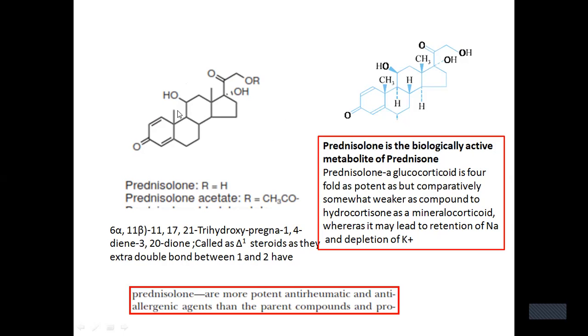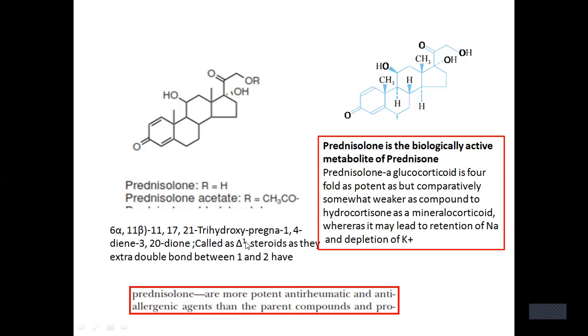So what is the name of this compound? 3,20 dione, then there are two double bonds, 1, 2, 3, 4, so 1,4-diene. Then we have hydroxyl groups at 11, 17, 21, trihydroxypregnane.